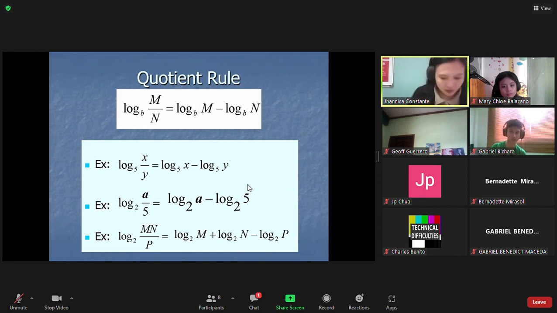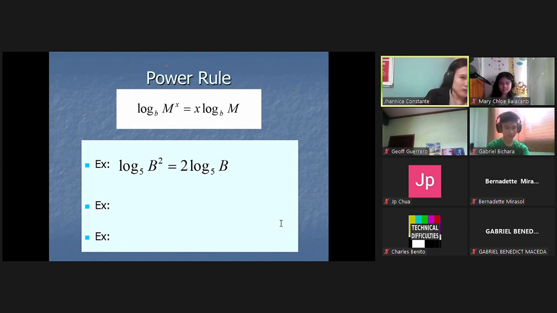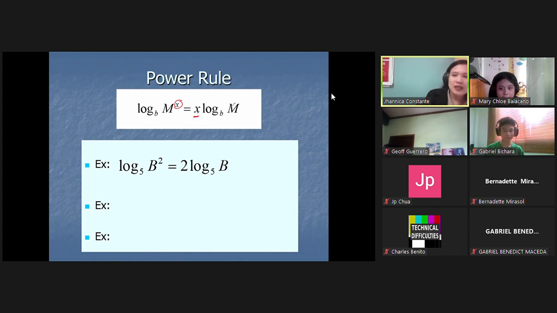Third property that we have. So we're done with the quotient rule. The next property is what we call the power rule. So in the power rule, the exponent of the argument of the logarithmic function that we have will become the coefficient, just like here, x logarithmic b m.